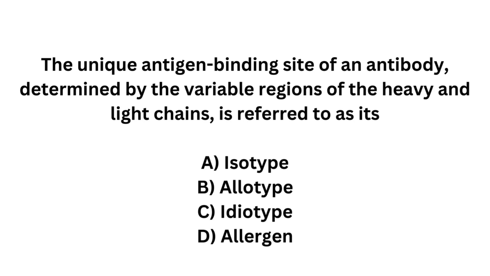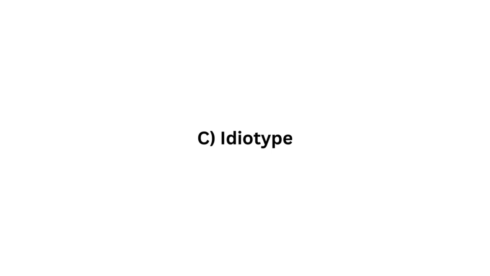Allotype. The unique antigen binding site of an antibody determined by the variable regions of the heavy and light chains is referred to as idiotype.